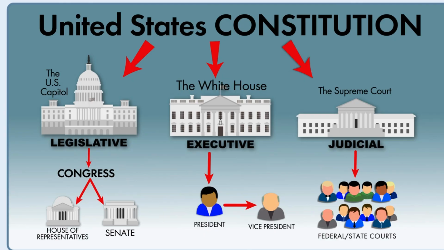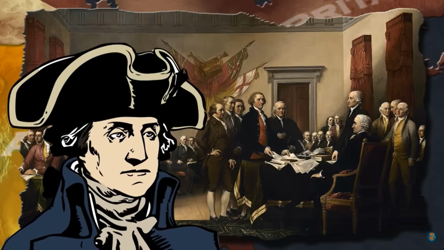Delegates drafted the United States Constitution, which created a federal system with a separation of powers between the executive, legislative, and judicial branches.